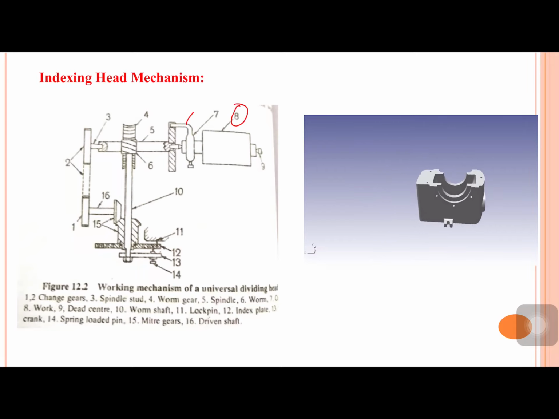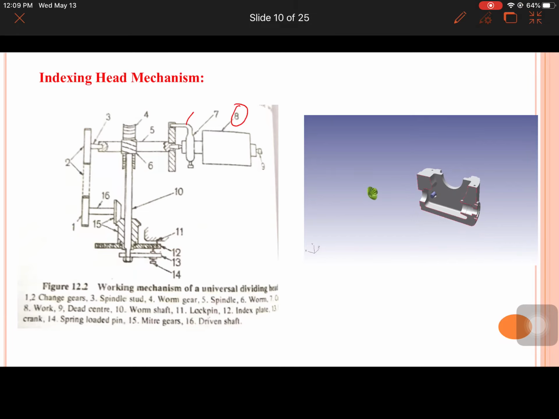Now if you want to learn how exactly this mechanism operates, first let us try to understand the different parts related to this particular mechanism. First, 13 is called the index crank or simply crank. Number 12 is called the index plate.